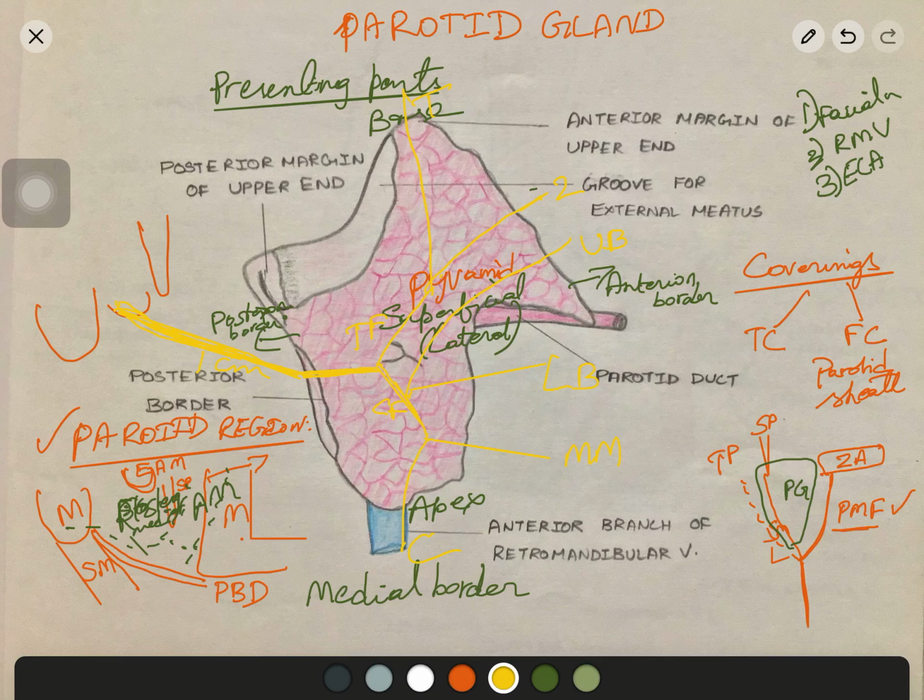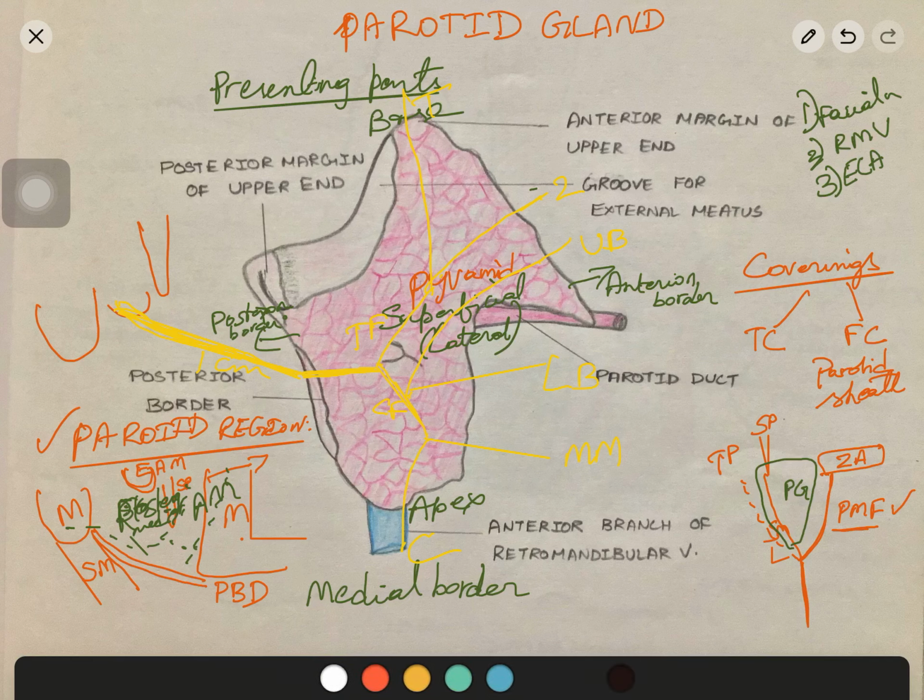This subdivision should help the surgeon remove a parotid tumor, leaving the nerve intact. So this is another clinically important point. When we have to remove the parotid gland for some reason, we have to be careful of the structures inside the parotid gland.